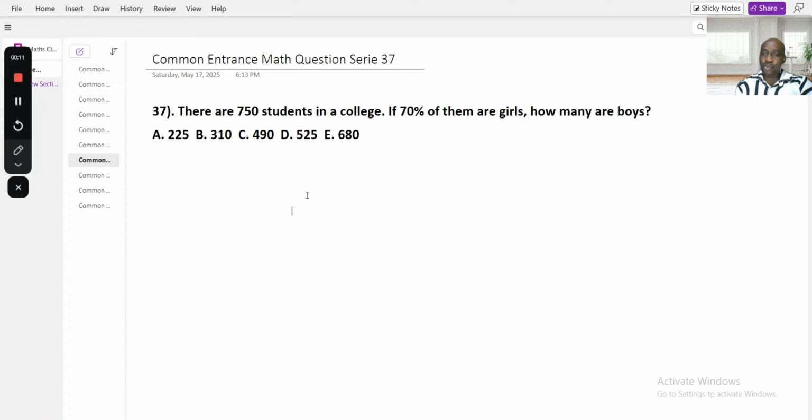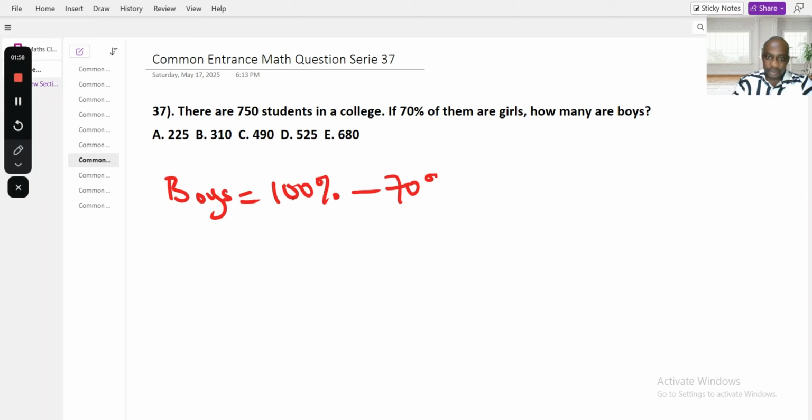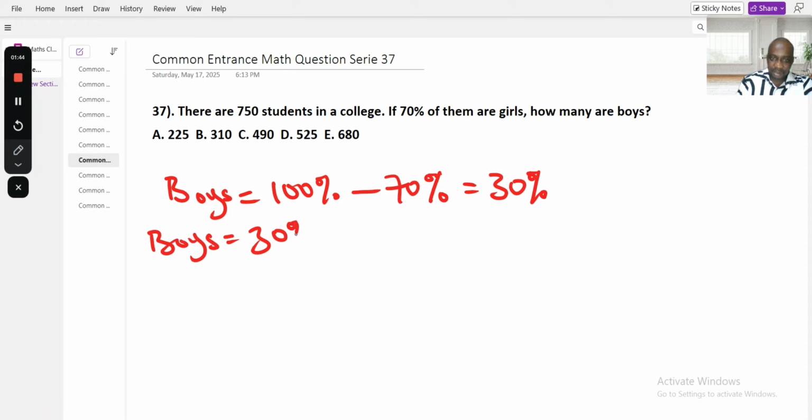Since the question has given us 70% of the girls, it means that the boys percentage will be 100%. So 100 percent minus 70 percent is going to give us what? 30 percent. It means that the boys are 30 percent.